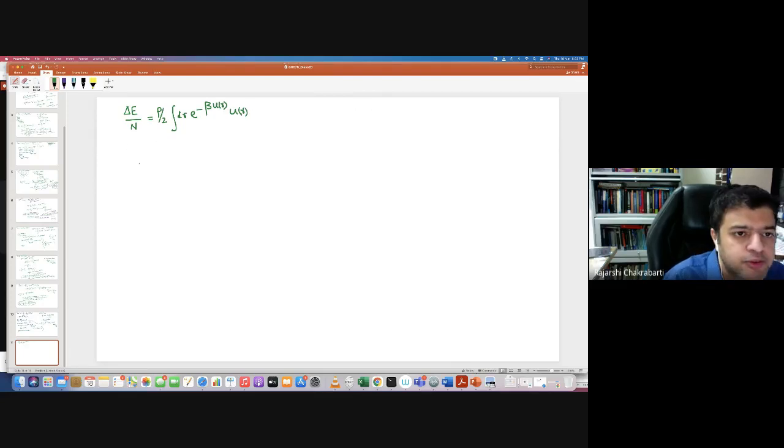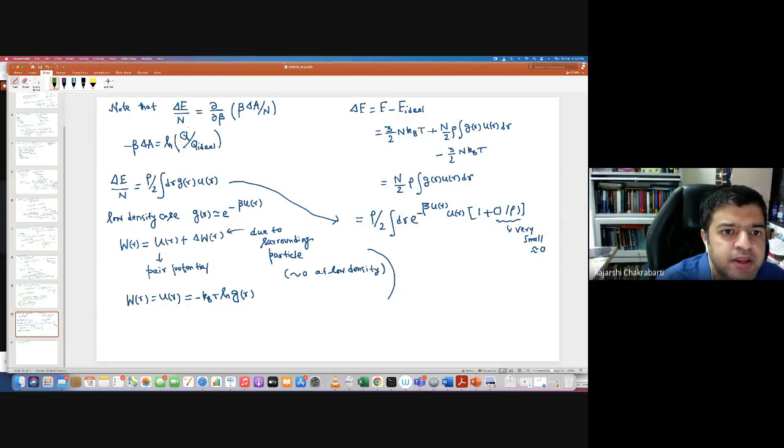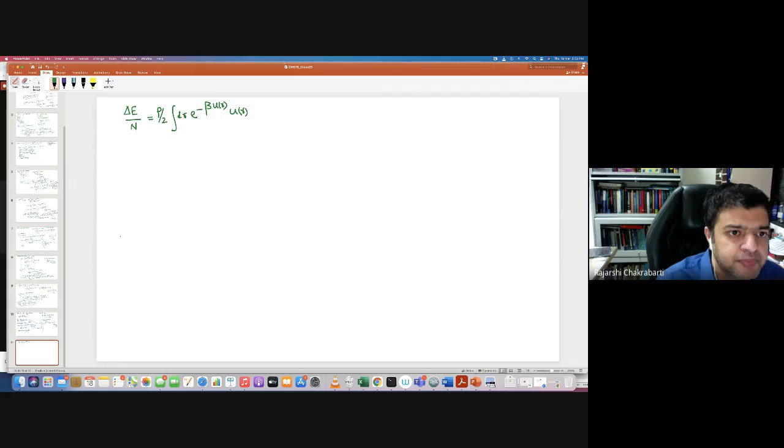Let me stick to this. If you go back to the previous slide, the ΔE/n is ∂/∂β of this. So basically you have ∂/∂β of βΔA/n is ρ/2 ∫dr.